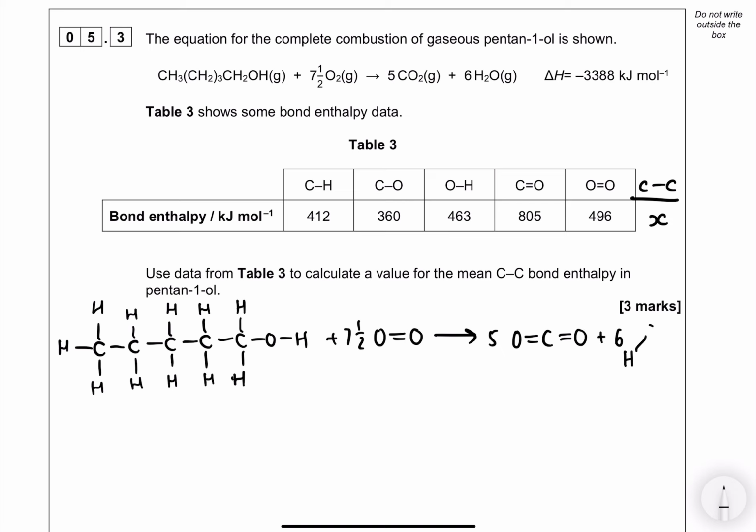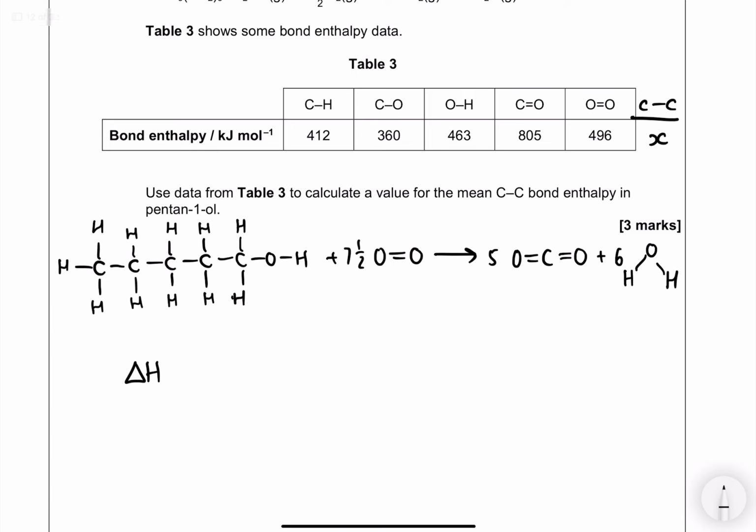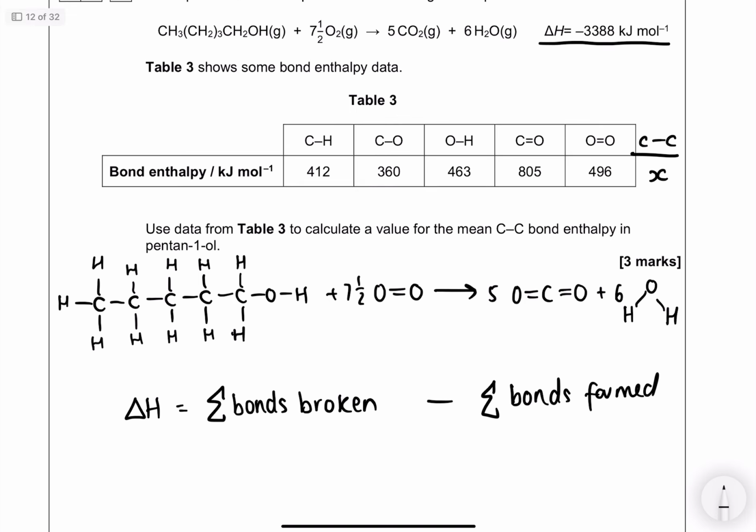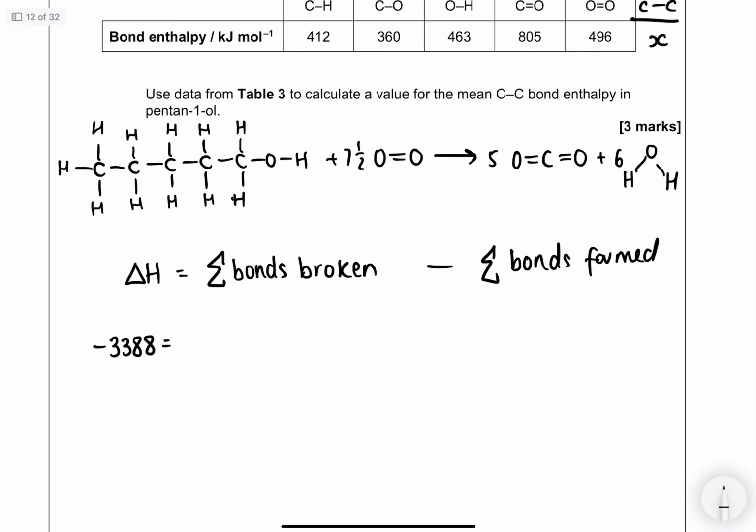And delta H is the sum of the bonds broken on the left hand side minus the sum of the bonds formed in the products. And our answer for the delta H is given here, minus 3388. So minus 3388 equals, what have we broken? So let's tick them off as we go.